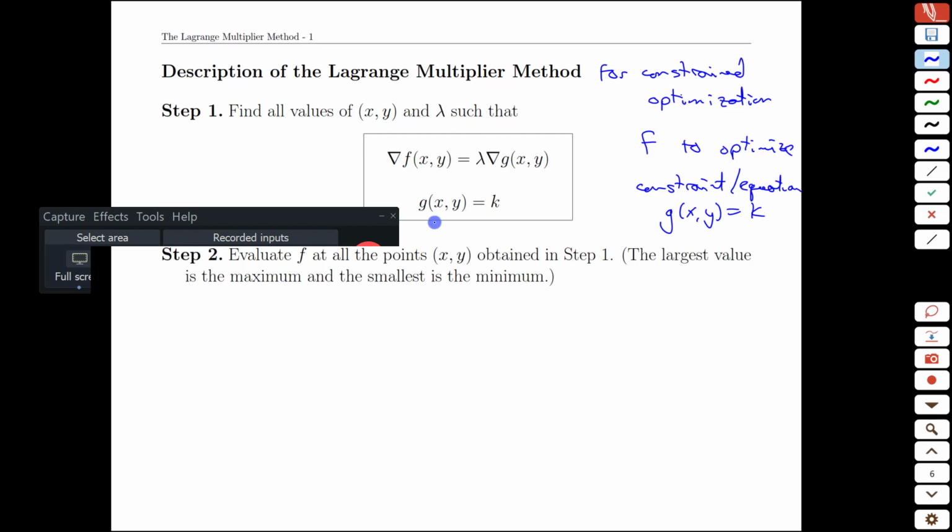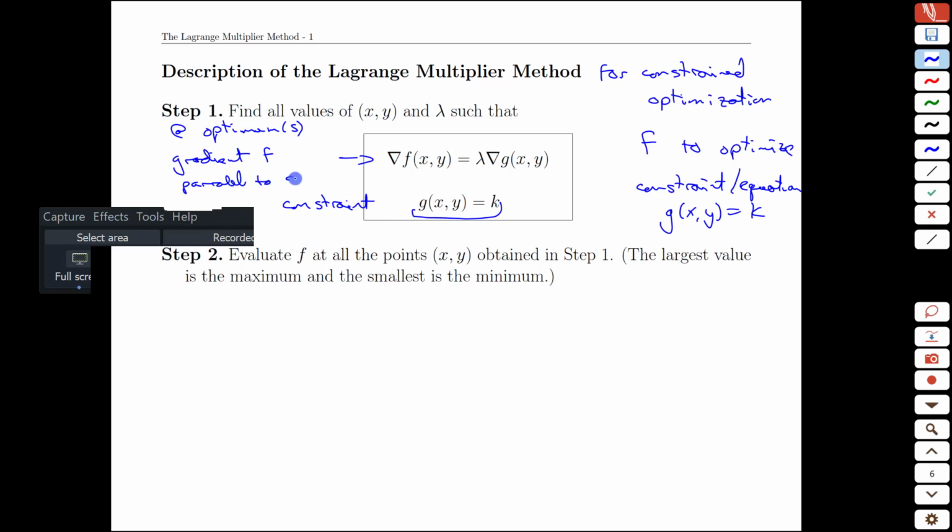So in the method, what we set up is the constraint itself. In some sense, that's an element that has to be there because we need to pick x and y's that satisfy that equation. But the other element here is that at the optimum, and there might be multiple optima, the gradient of f is parallel to the gradient of g.